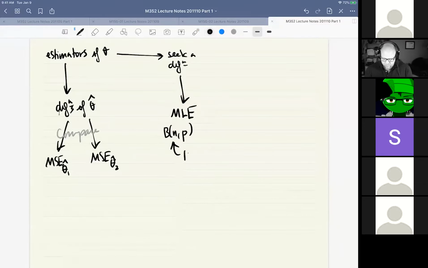And you know your sample size, but the MLE shows you how to pick the proportion. Oh, I see. So we're just doing that because there isn't a super nice, convenient way to find an unbiased estimator in that case. Right. That's right. That's right. So it's kind of a different situation. Is that helpful? Yes. Okay.